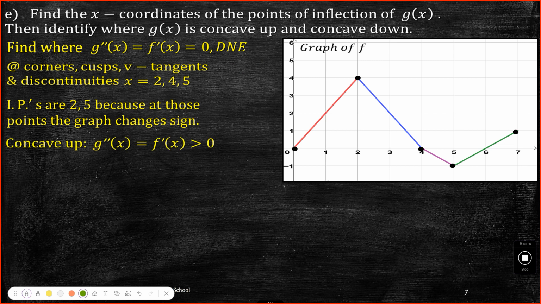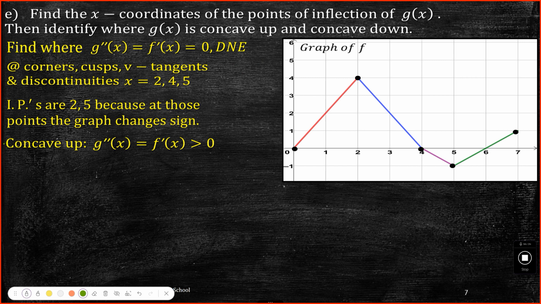Concave up means that g double prime of x, which is equal to f prime of x, has to be greater than 0. So where will the concave up be? We're now answering the concavity. We've answered the inflection points, now we're answering the concavity.